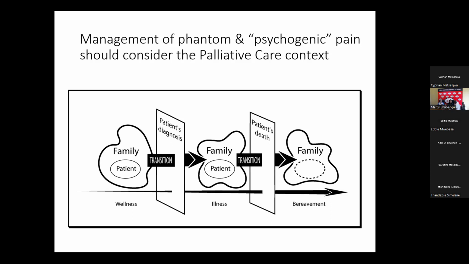What we usually will have happened is that this patient is coming from the context of a family, and they're initially well, but then they go through being diagnosed with a serious illness, and that translates that person into what we call a patient. A patient is a person who has an illness.